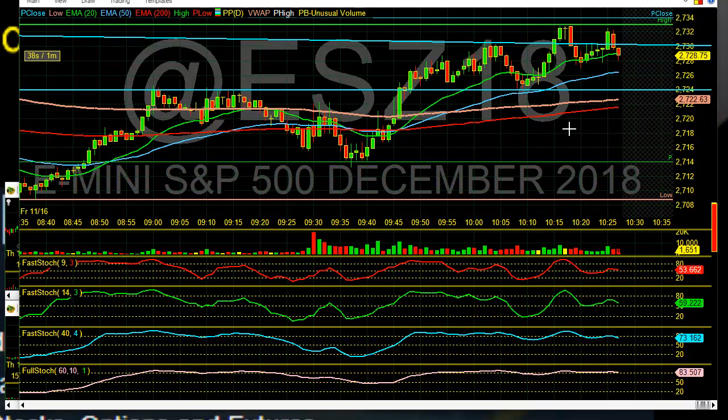The other lines, we're going to start off there with these lines that are horizontal lines. Now, there's a few horizontal lines. One of the sets is called pivot points, and pivot points are a calculation of the previous day's high, low, opening and closing price. It's put into a formula, and it spits out these lines.